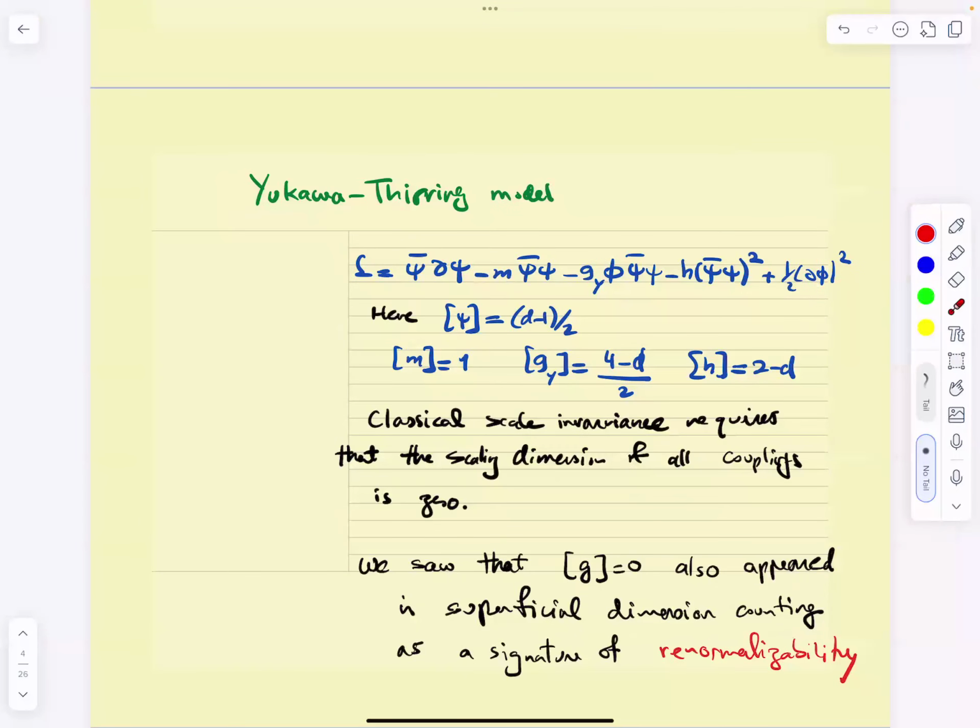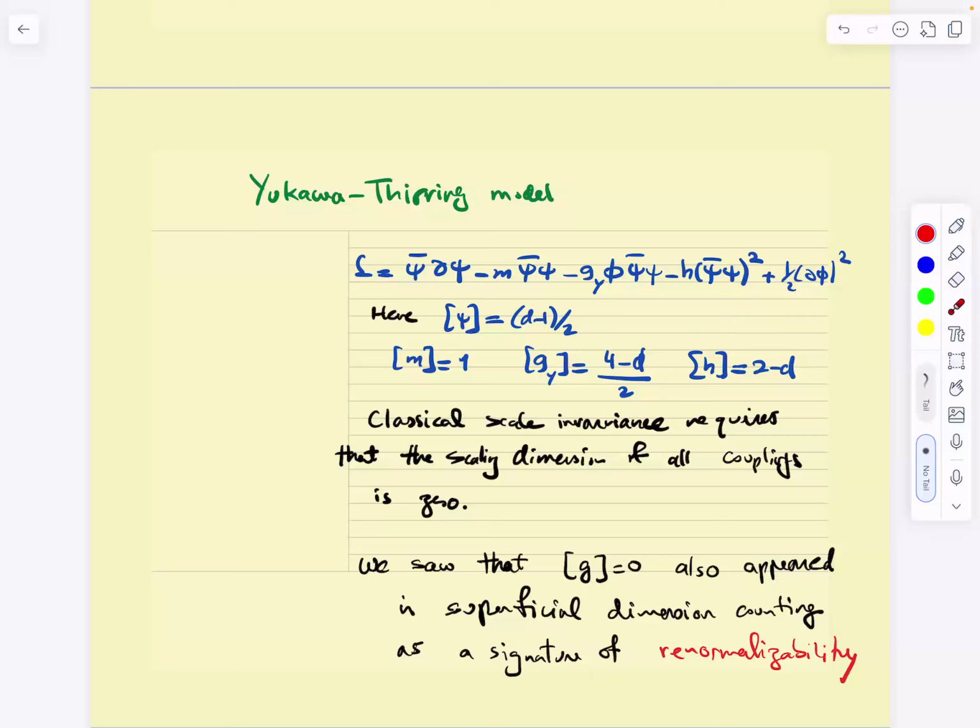Now, what we're seeing here is that the scale invariance occurs when the coupling constants are dimensionless, right? We also saw in the previous lecture that when the coupling constant is dimensionless, from superficial dimensional counting, this was a signature of what we call renormalizability.